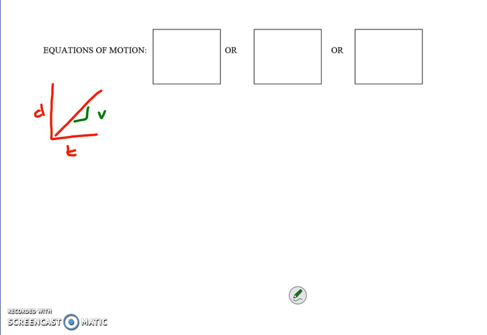Well, the first equation we can make is we know that the slope is the change in y over change in x. So we can define velocity, right, as displacement or distance divided by time. Okay? Now, there's another way we can write this. We can write the equation of the line, right? y equals mx plus b.